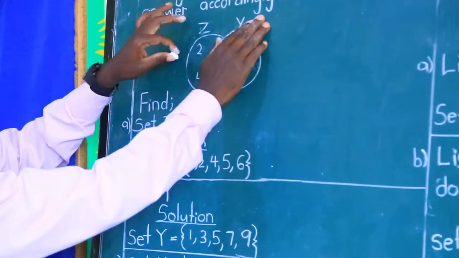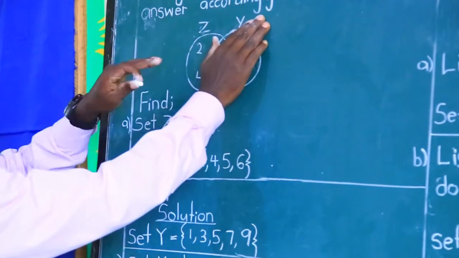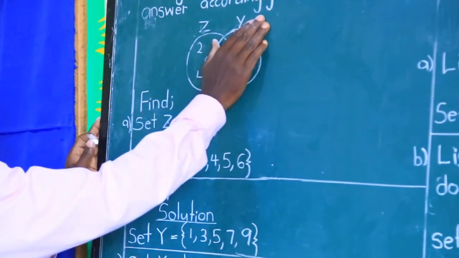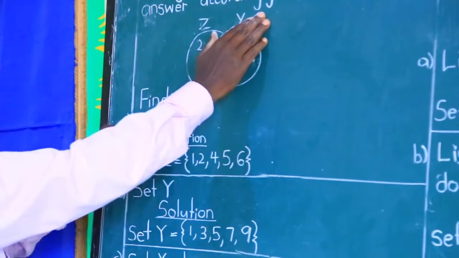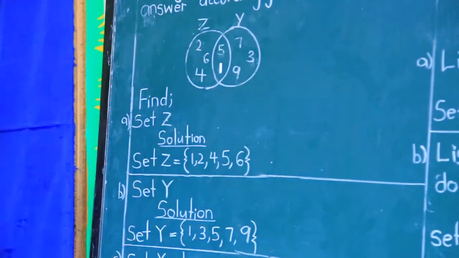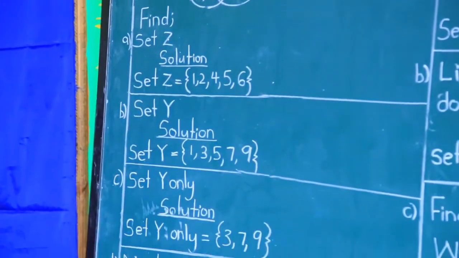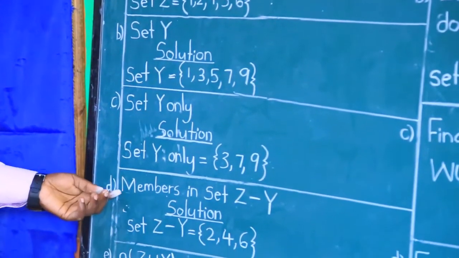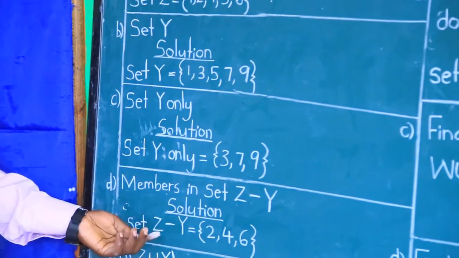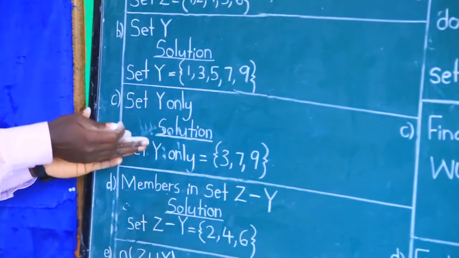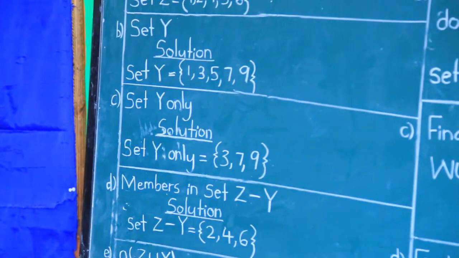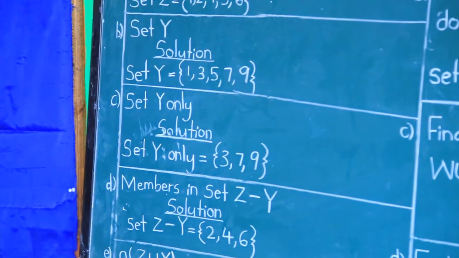It's better to list them in ascending or descending order, so 2, 4, 6, or 6, 4, 2. You will be perfect that way. So you say members in set Z take away Y are 2, 4, 6, and please don't forget to enclose them in curly brackets, and that is the mark.